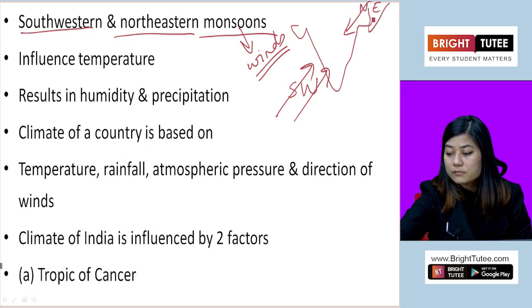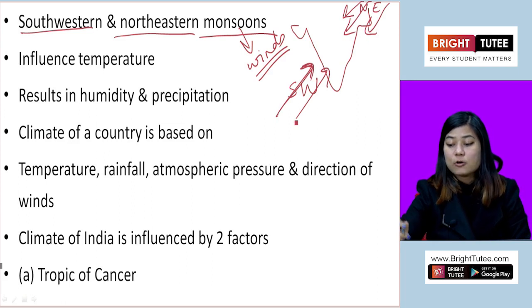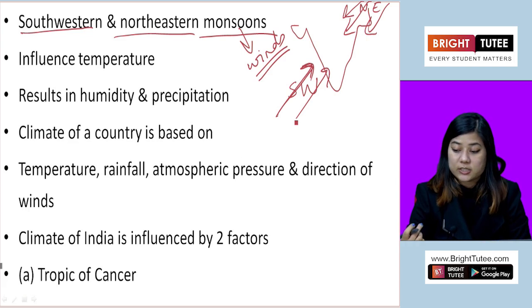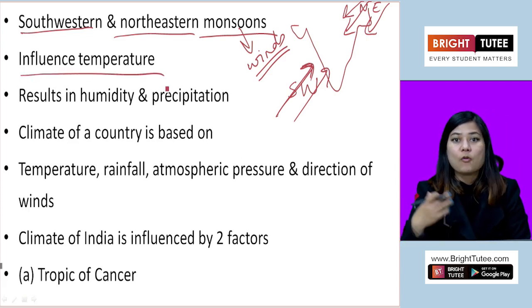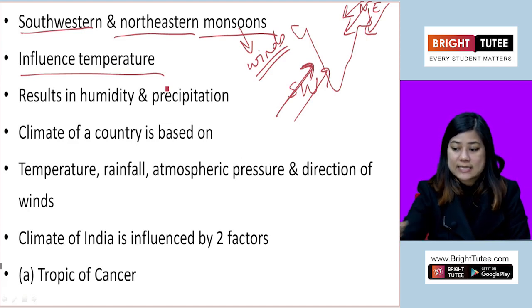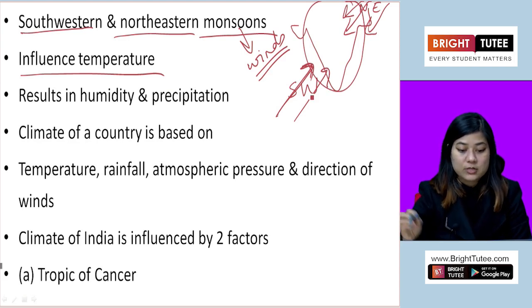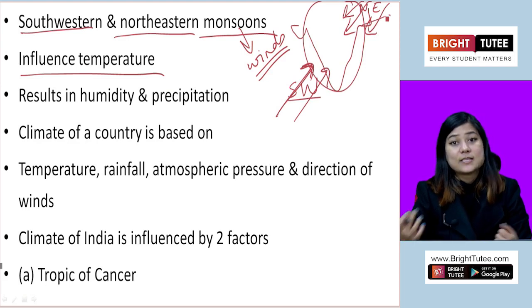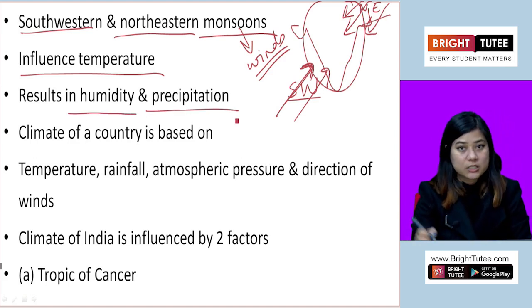So these monsoons blow, or come, from two opposite directions, and these monsoons influence the temperature, how hot or how cold it gets in this region. That is influenced by the southwestern monsoon and the northeastern monsoon. And as a result of this wind blowing from two opposite sides, it results in humidity and precipitation.